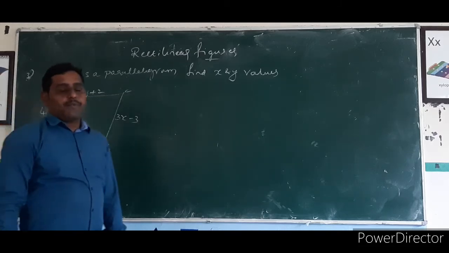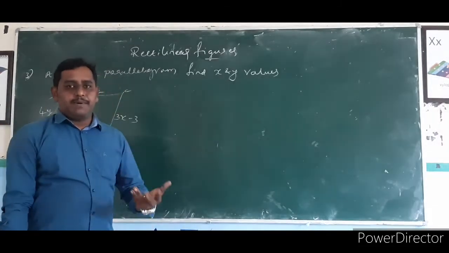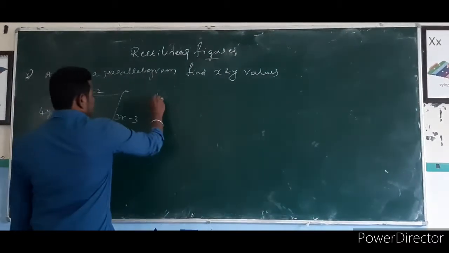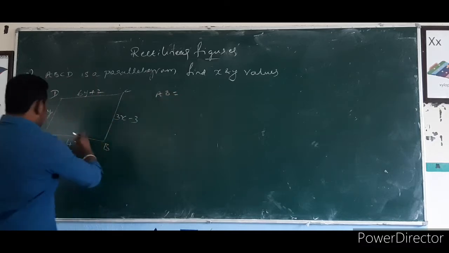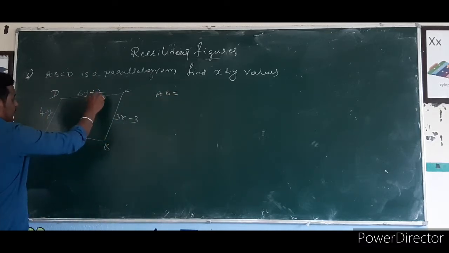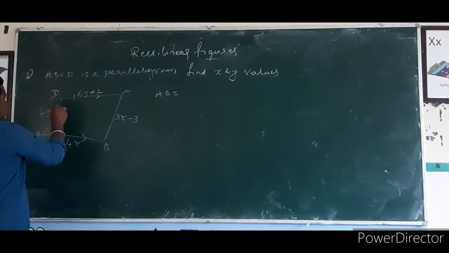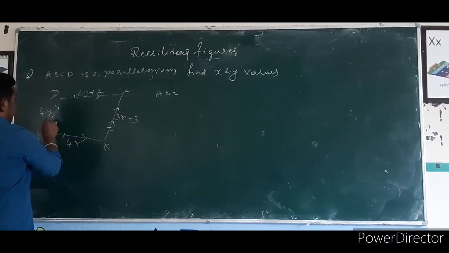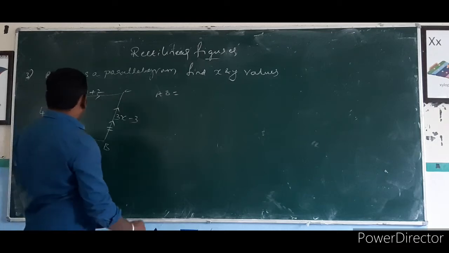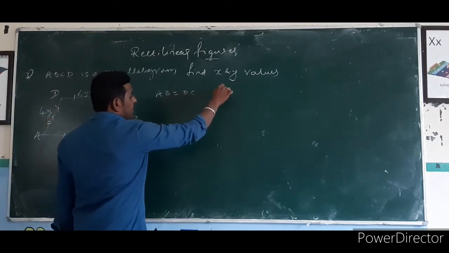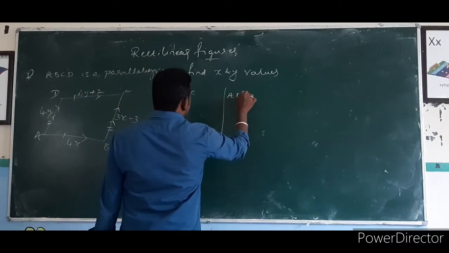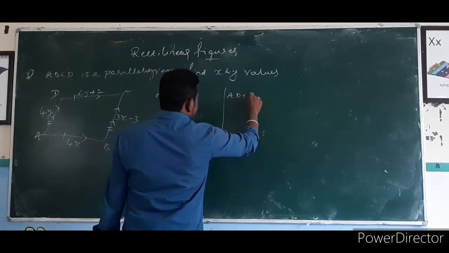You know that in a parallelogram, opposite pairs of sides are equal and parallel. This is one pair of opposite sides, and this is another pair. So AB equals DC and AD equals BC.